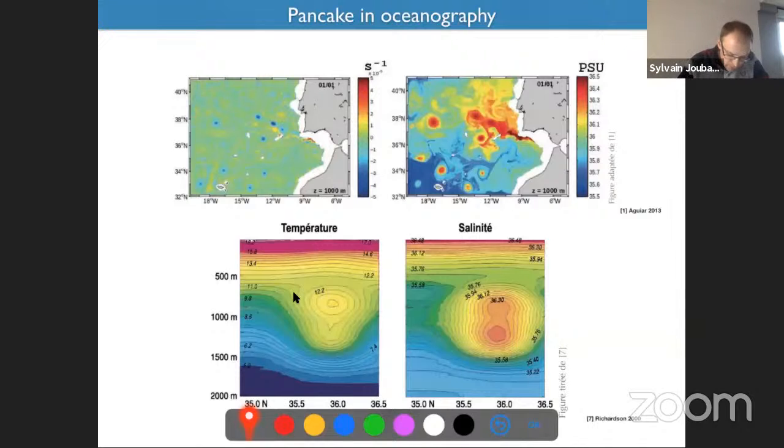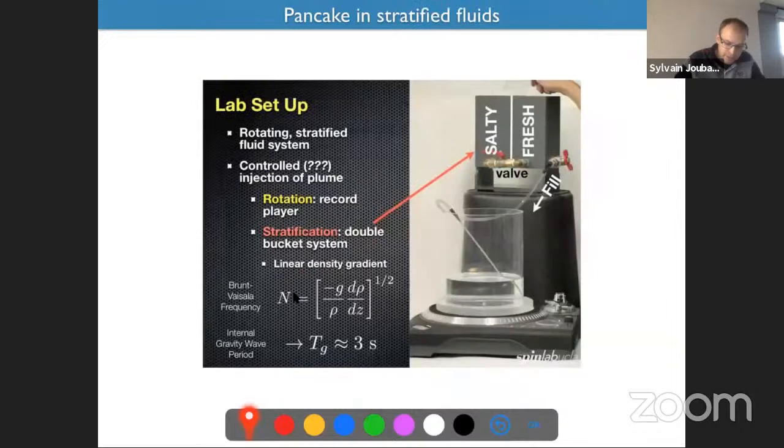If you look with depth, you have this shape in salinity and temperature, which looks like the pancake vortices that you had in the lab. That's why we wanted to understand why such systems are stable, and I will try to explain looking at this experiment.